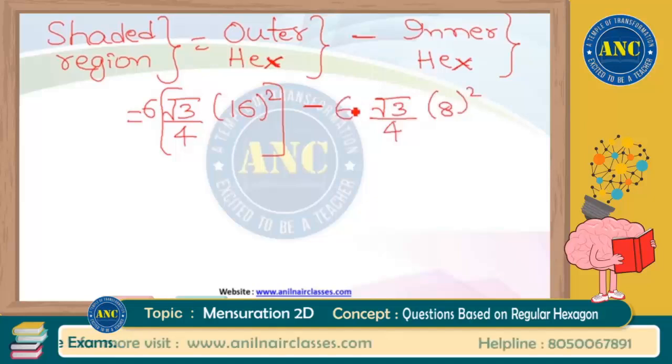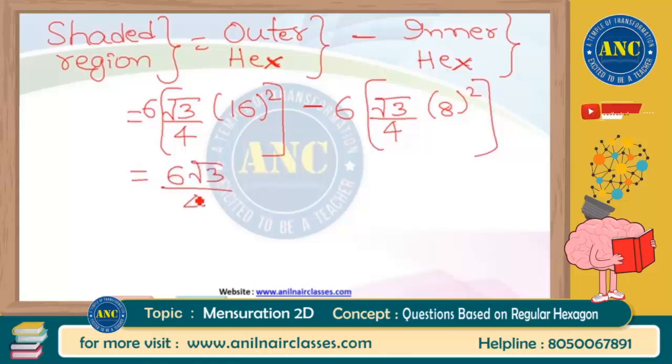For 6 equilateral triangles it is 6 into root 3 by 4 into 8 square. If I take 6 root 3 by 4 as common factor, I am left with 16 square minus 8 square.